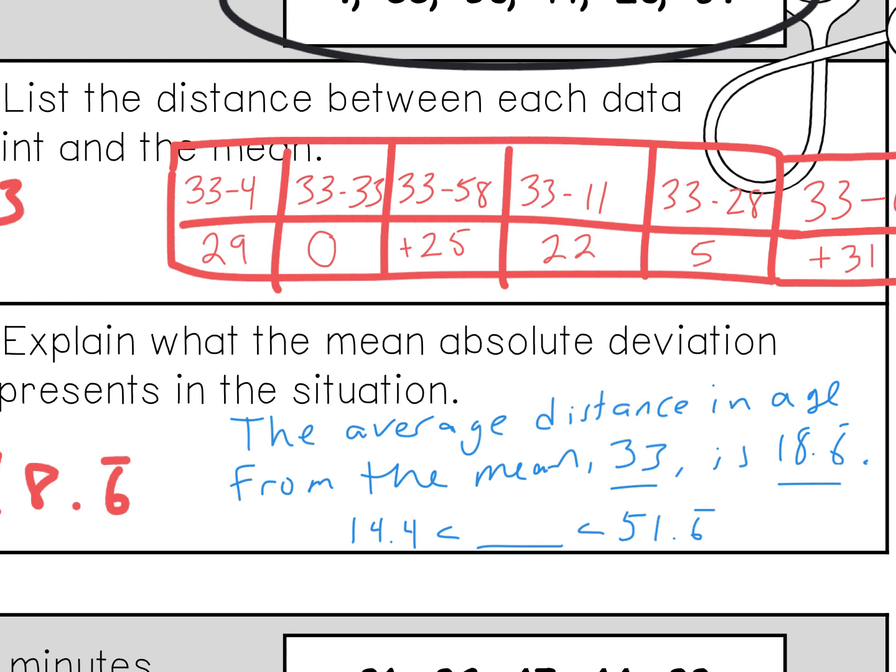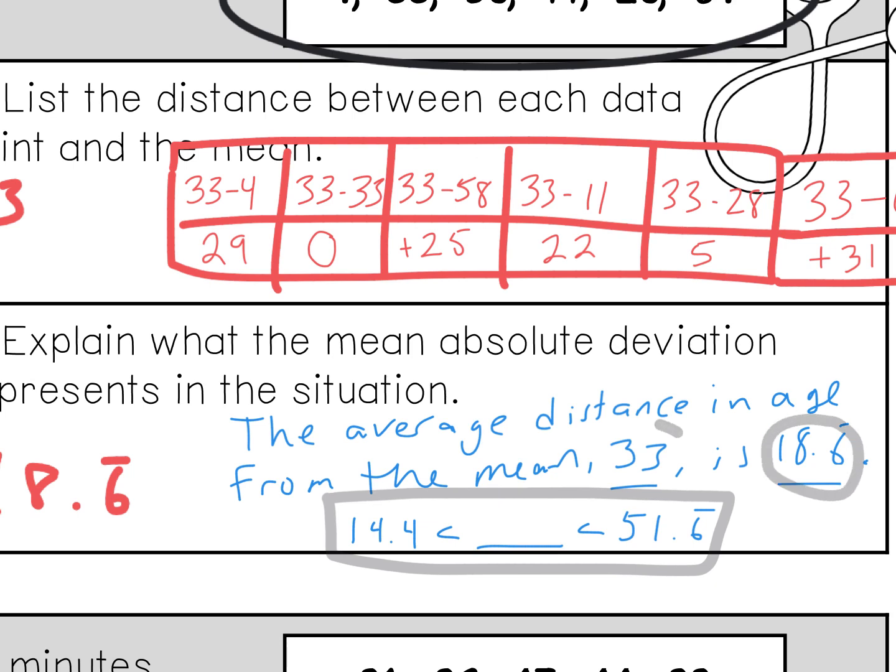So the whole point of this is to say, if a random person walks into the doctor's office, most likely they're going to be between these two ages. Okay? So that's why this is useful. Because of this being 18.6 away from 33, if we took it away and added it to 33, a random patient that walked in maybe could be 25, because it's between the two.